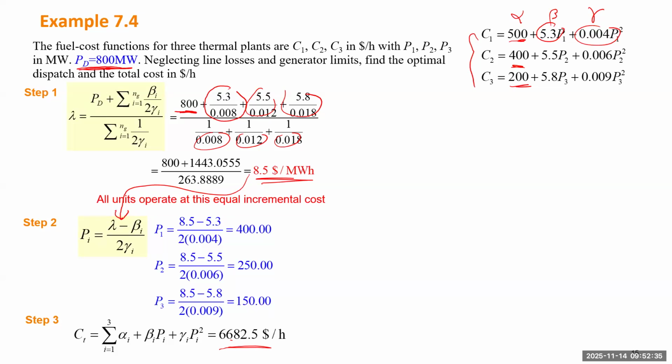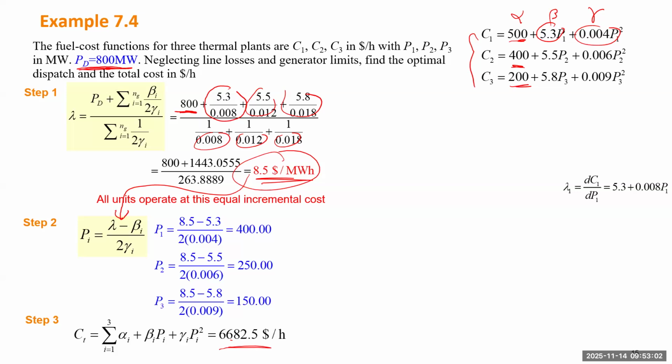But we still want to understand what happened here. Why do all units need to operate at exactly this equal incremental cost? We can utilize the cost function curve or the incremental cost function curve to explain why this equilibrium is reached among those 3 power plants. So we calculate incremental cost. This is lambda 1.